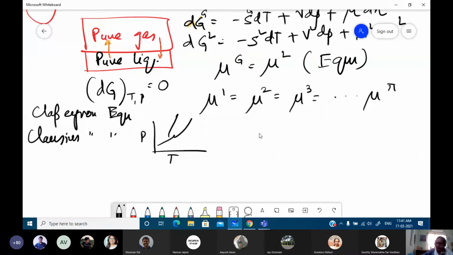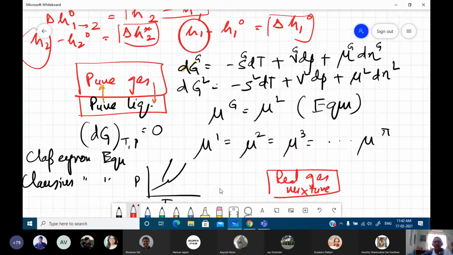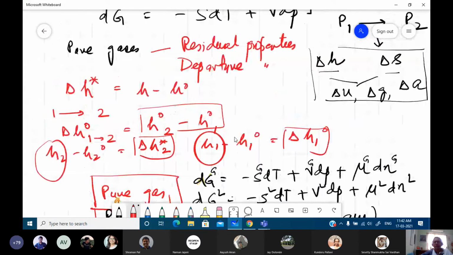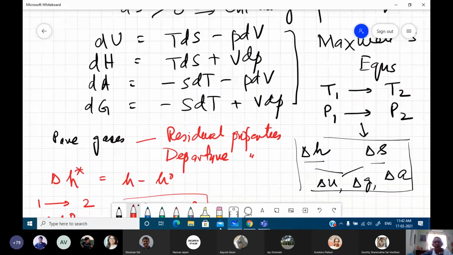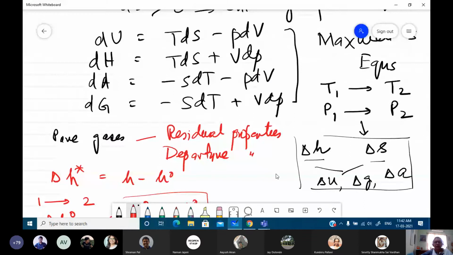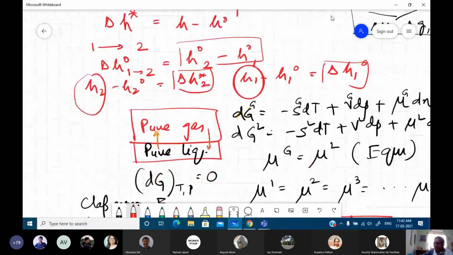Now, instead of this pure gas, suppose I have a real gas mixture. For a real gas mixture, whatever I have told you earlier, every single thing is applicable. All these equations, everything is applicable. The only problem is that whenever you are going for mixtures, what do you have?